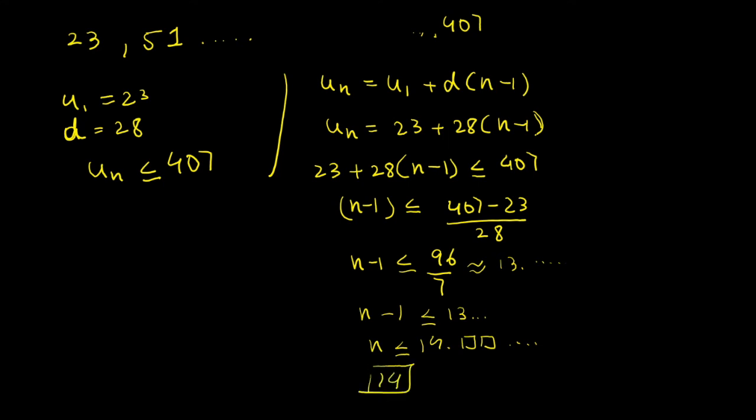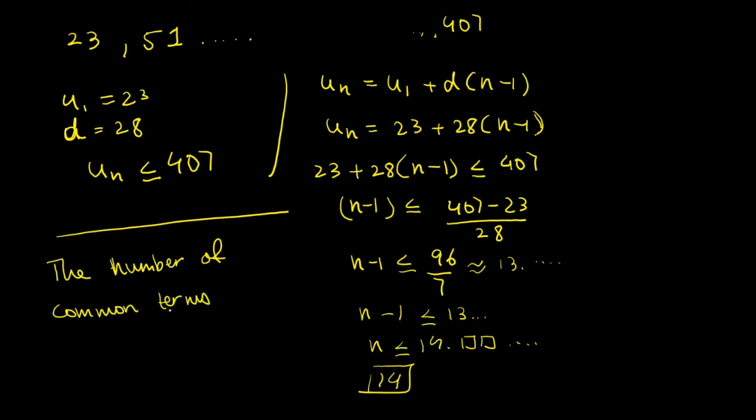So to answer our question, the number of common terms is 14, and that's it. So like I mentioned, this is again one of those common types of questions that you can see, and this is the standard approach to solving it as well.